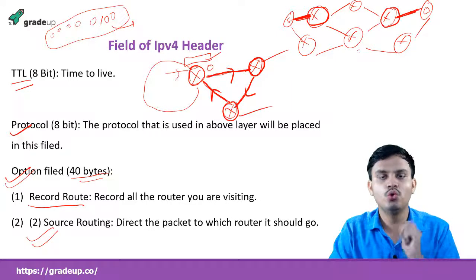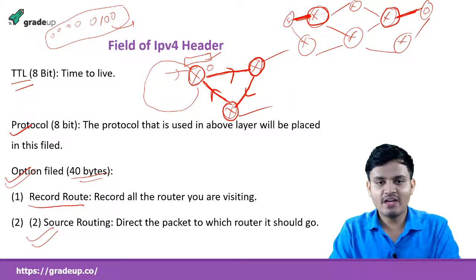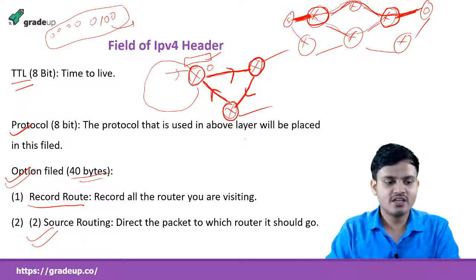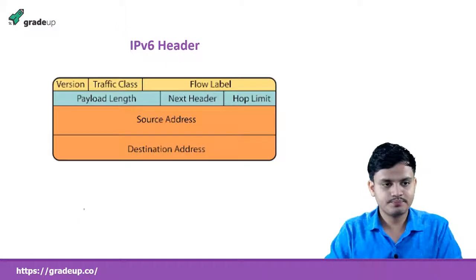Then what will you do? If you want to send it through only these routers, you use loose source routing, because the packet can follow this path also and that path also. But in strict routing, you mention all the routers, like this. So that is the difference between strict routing and loose source routing.